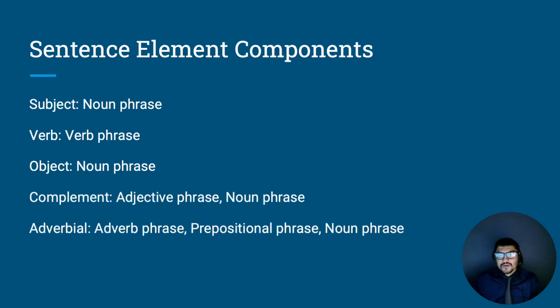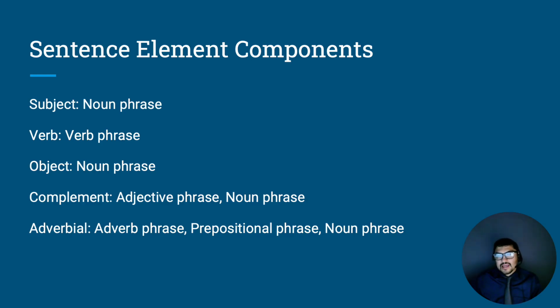For the last two, we have the complement. The complement can be an adjective phrase giving complementary information about the subject. The complement can also be a noun phrase, because noun phrases can also describe in a way. For the adverbial, we have the adverbial phrase, such as adverbs, shortly, quickly.